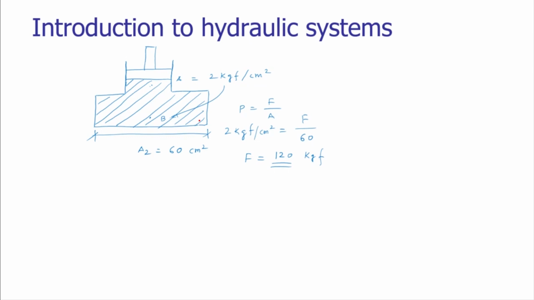By application of 6 kg we are generating 120 kg. So the mechanical advantage generated here is 120 divided by 6, that is coming around 20. 20 times we have enhanced the input force, and this peculiarity can be utilized to carry out a variety of operations in the hydraulic system.